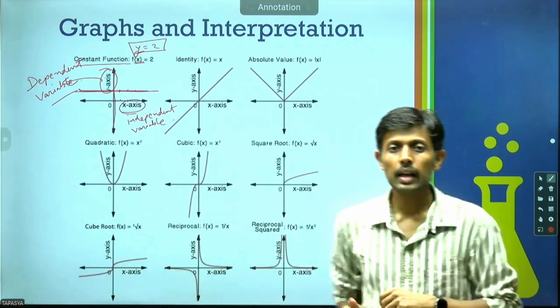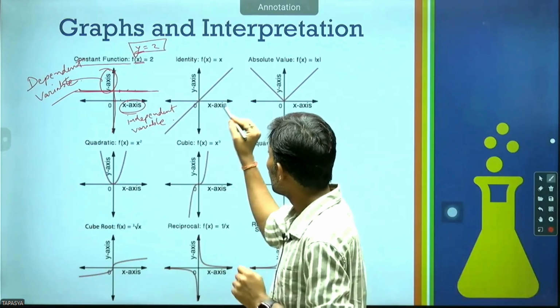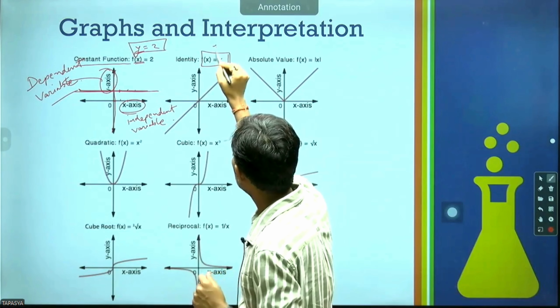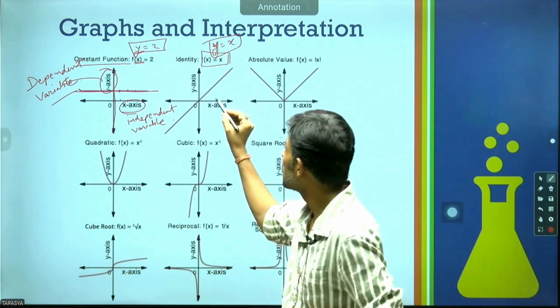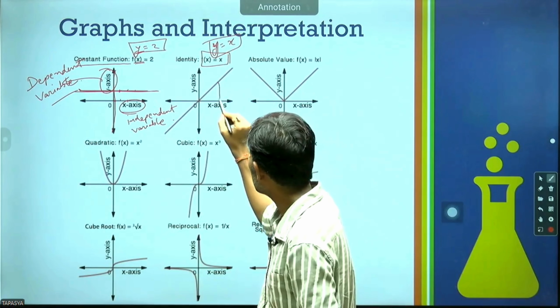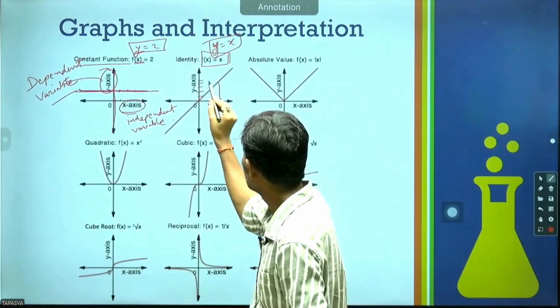Let's look at the next graph, which is a linear graph. Now here, y equal to x. This graph is showing y equal to x. So if x is 0, y is also 0. If x is 5, y is also 5.